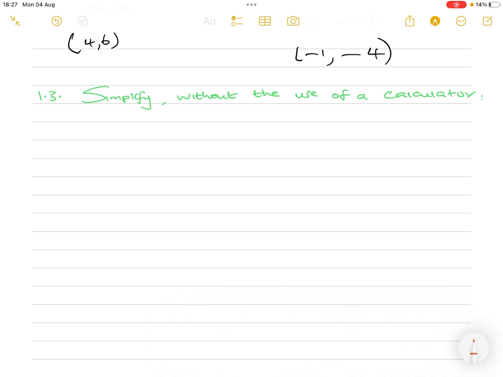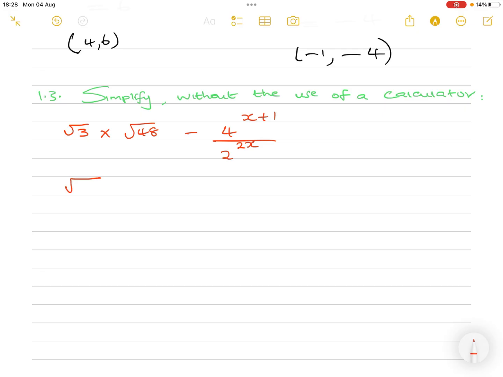We are told that the square root of 3 times the square root of 48 minus 4 to the power of x plus 1 divided by 2 to the power of 2x is the same as what?